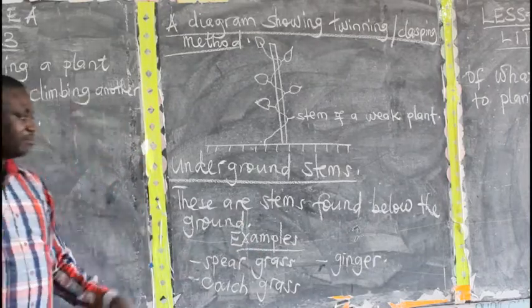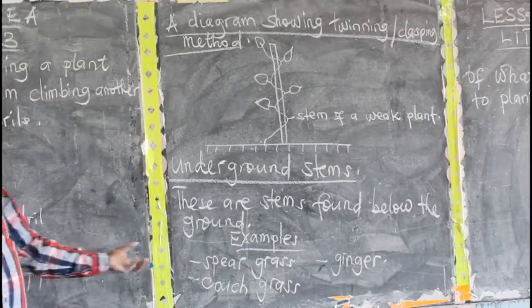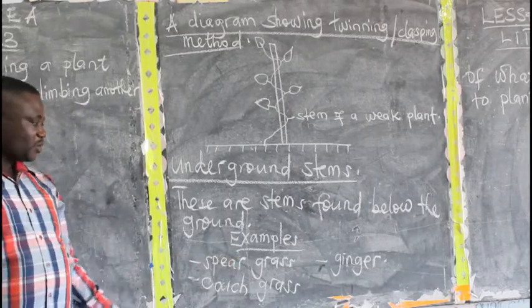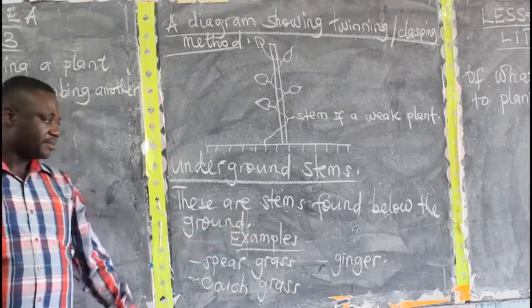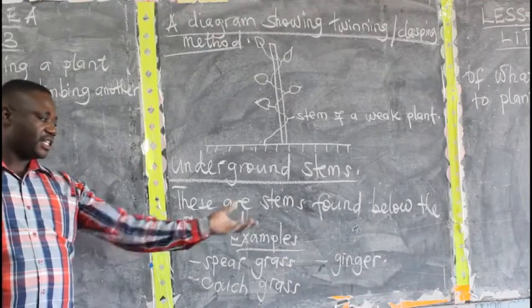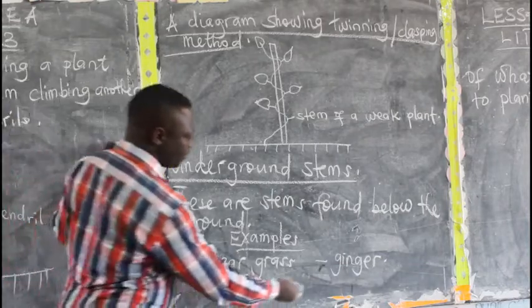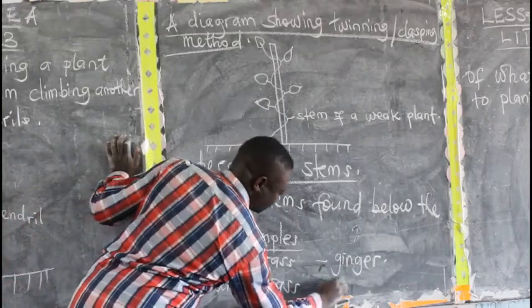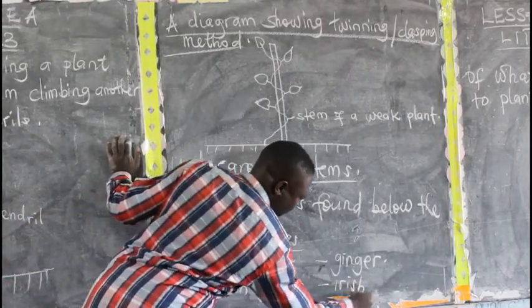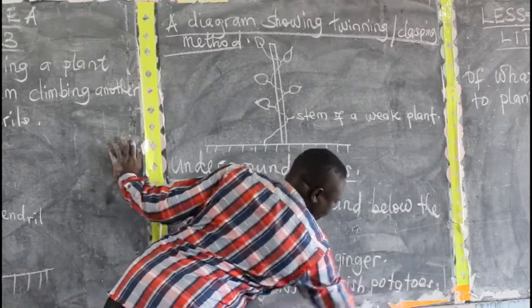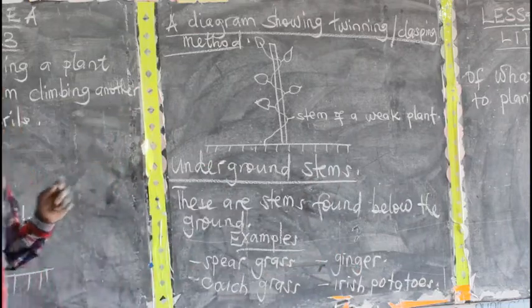Examples of underground stems we have are speargrass, jinga, that is tangleweeds, couch grass, and even Irish potatoes. We get their stems under the ground.